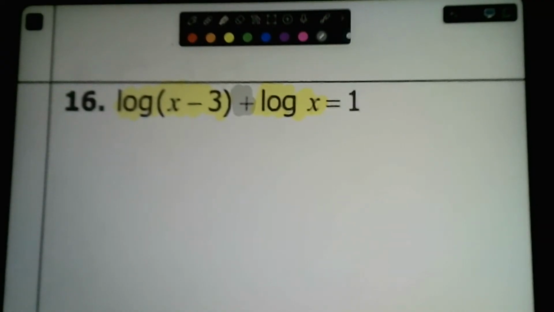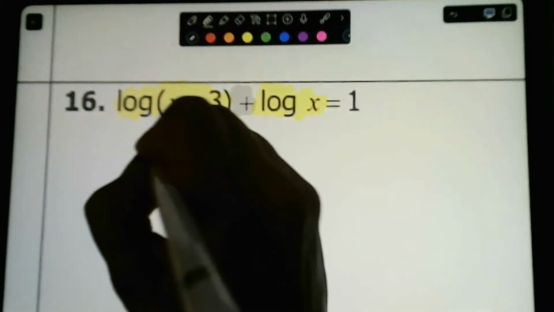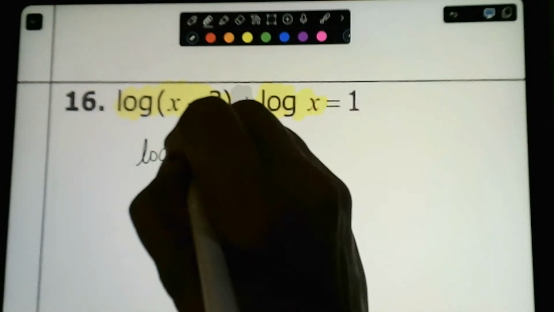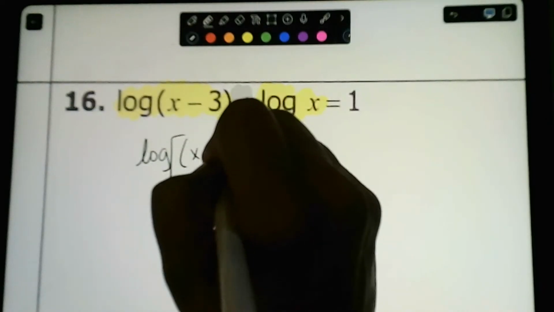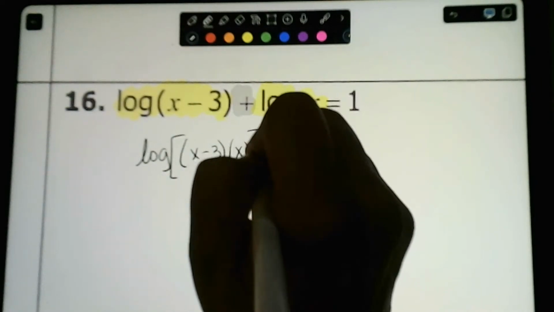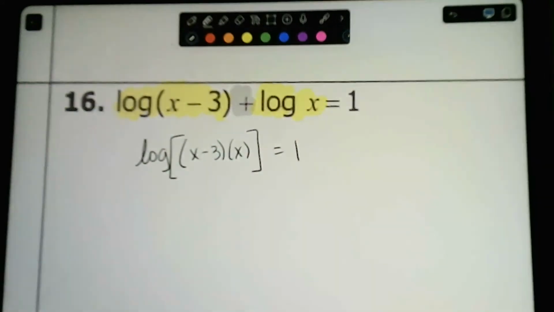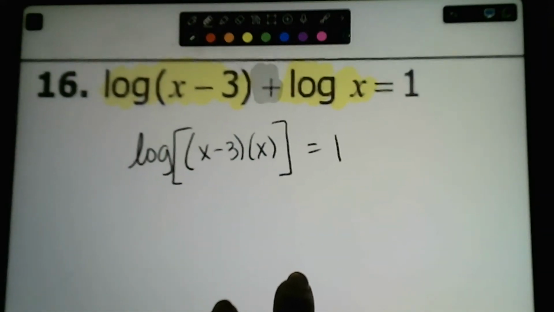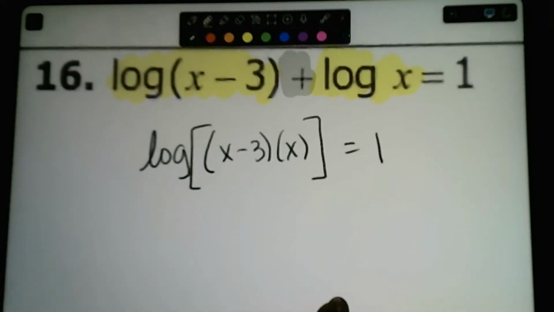I could do it the opposite direction: I have 2 logarithms being added, which means I can rewrite it as a single logarithm composed of these 2 things being multiplied together. I use those square brackets so I wouldn't have a bunch of round parentheses sitting next to each other, which would confuse my brain.